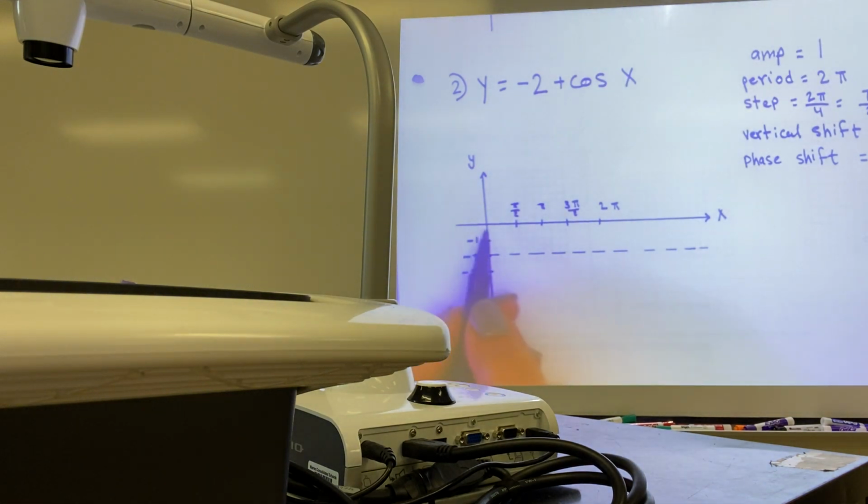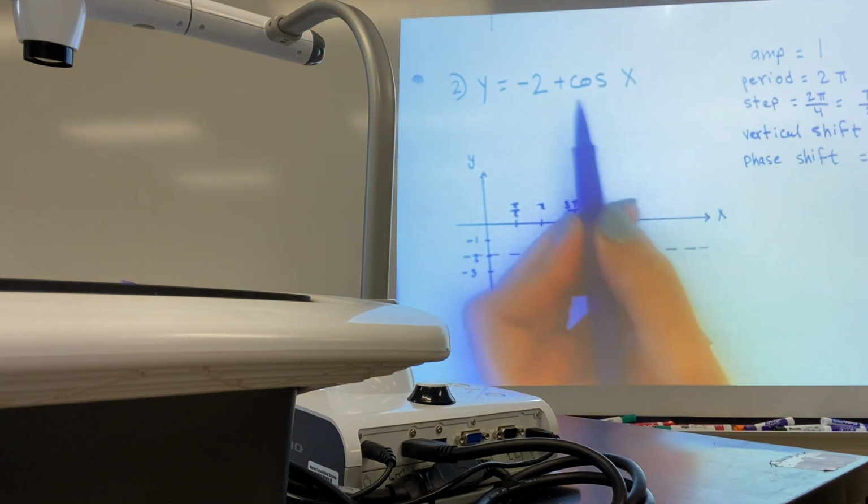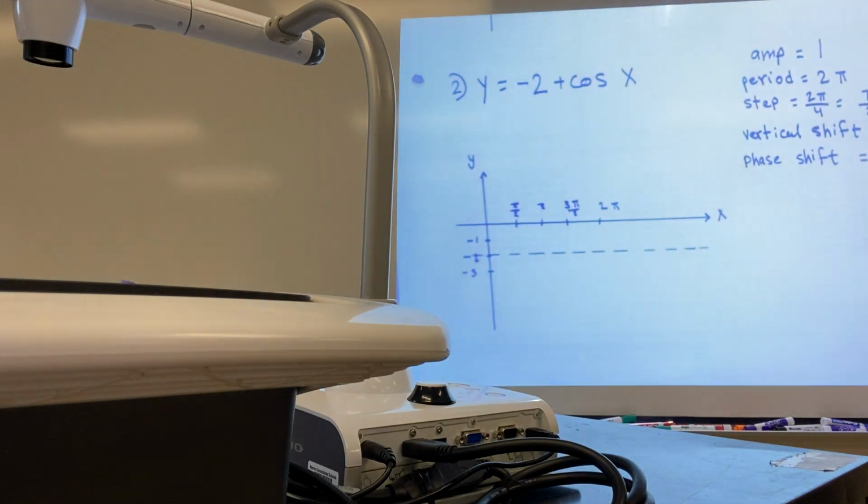Take values of x, when we start with 0, we can plug in a 0 here, right? Take cosine for it, then add it to -2. That will give you -1. This is my first point. Okay, and then pi over 2, the cosine will be here, -2.